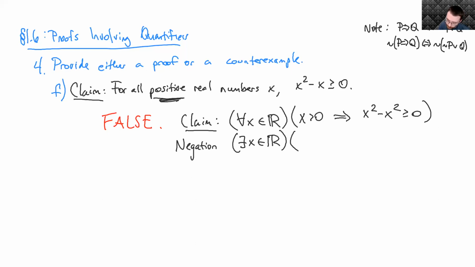And the negation there, I can use De Morgan's law, and that would be P and not Q. Okay, so that's what the negation of an implication looks like.